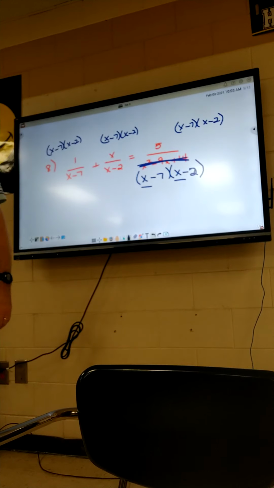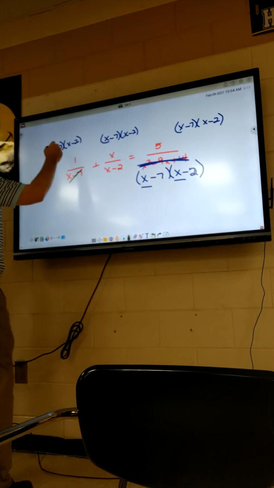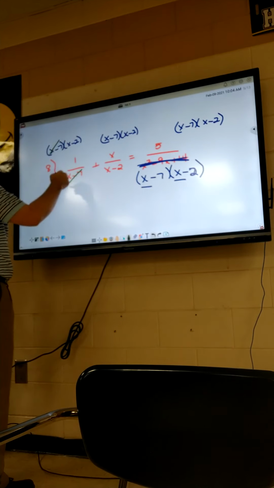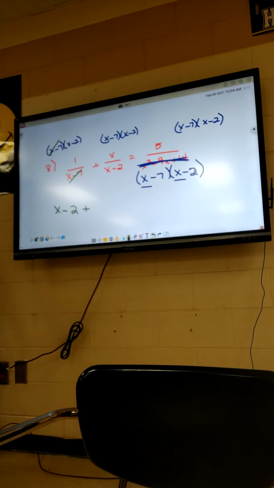All right, see if y'all can do your crossing out step. All right, Banner says X minus 7 crosses out. So I multiply by 1, so that's not going to change anything. All right, so I brought down X minus 2.